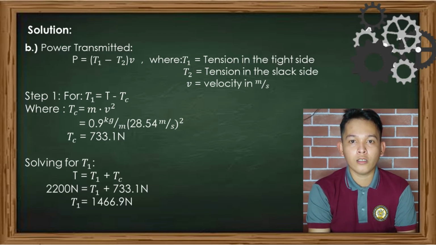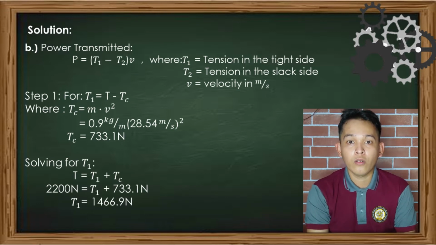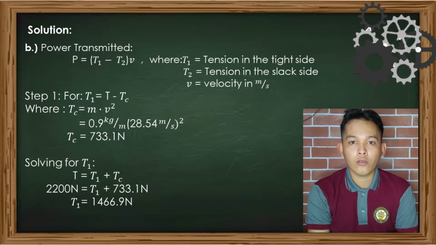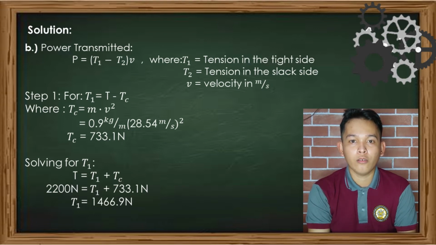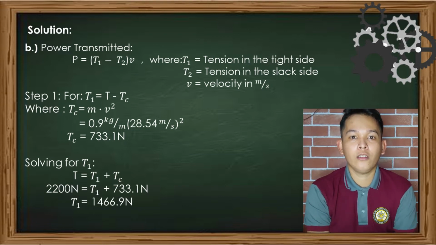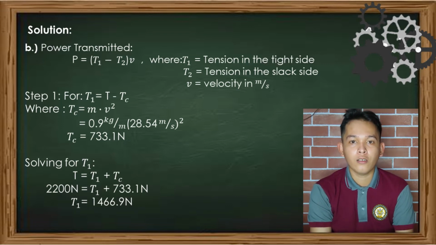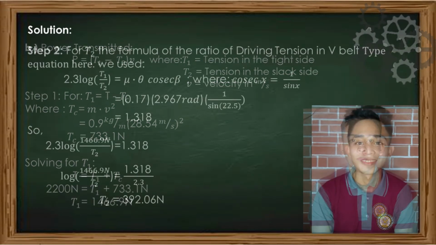So our Tc is 733.1 Newton. Since we already have the value for T, which is 2.2 kilonewton or 2,200 Newton, we can now proceed in solving T1. So T1 equals 2,200 Newton minus 733.1 Newton, so our T1 is 1,466.9 Newton.